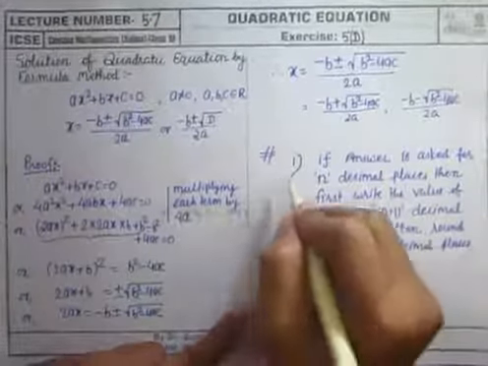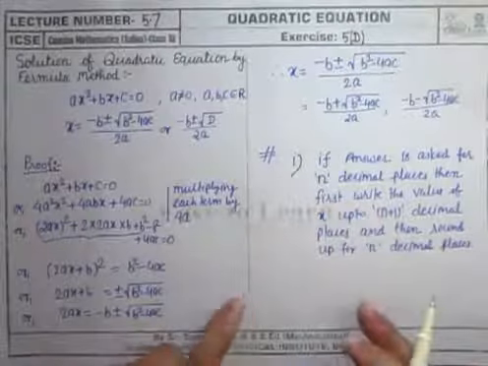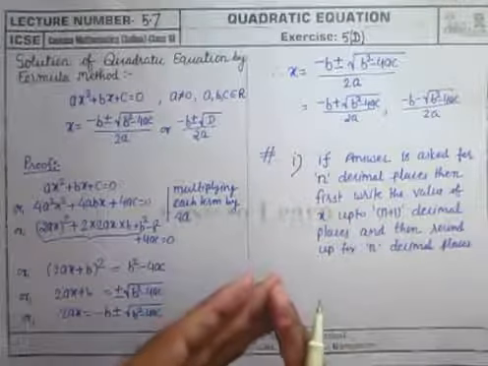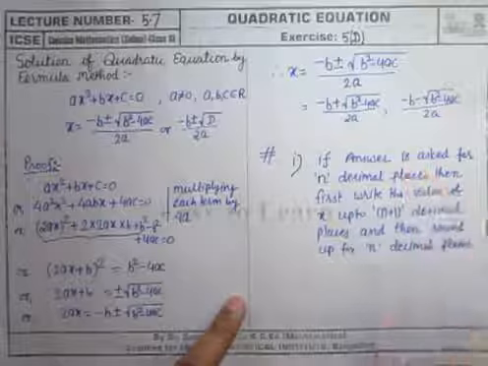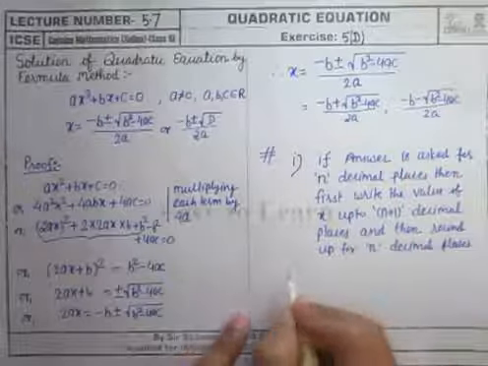Clear? This is important. So if it is asked for 2 decimal places, first you get the value up to 3 decimal places and then round it off to 2 decimal places.